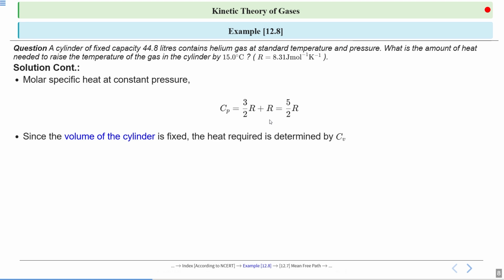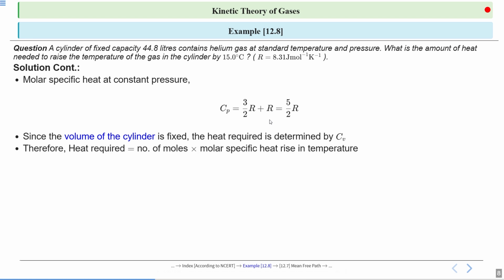Since the volume of the cylinder is fixed, we need to consider the molar specific heat at constant volume Cv instead of Cp. This is because the heat required is determined by the conditions under which the gas is heated, and in this case the volume remains constant.